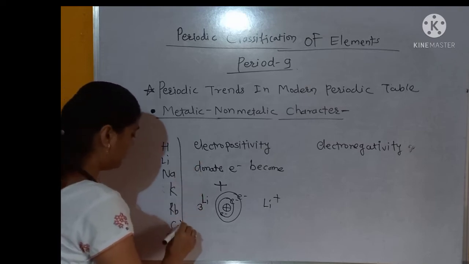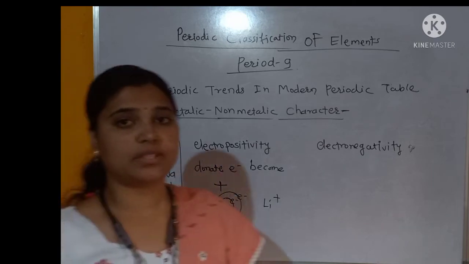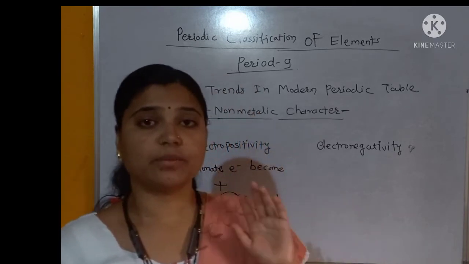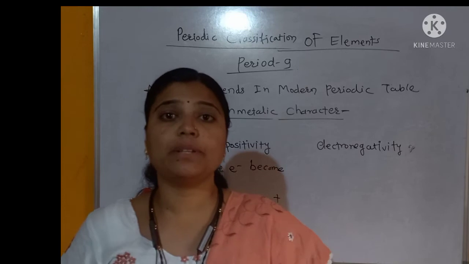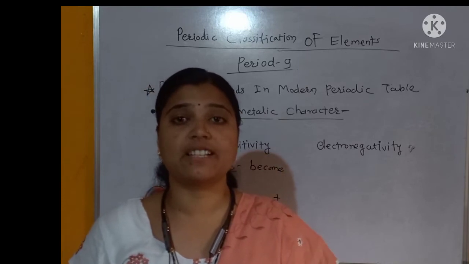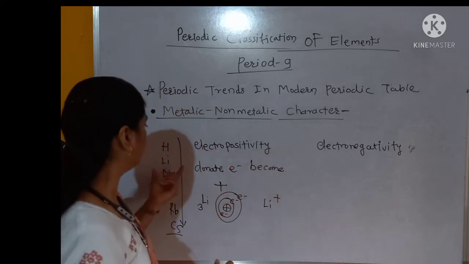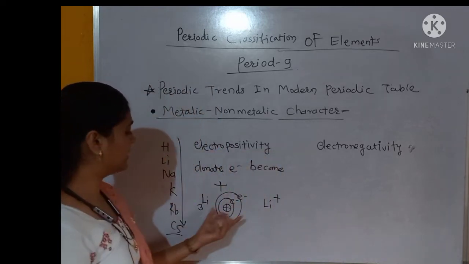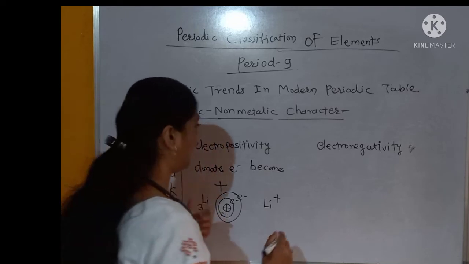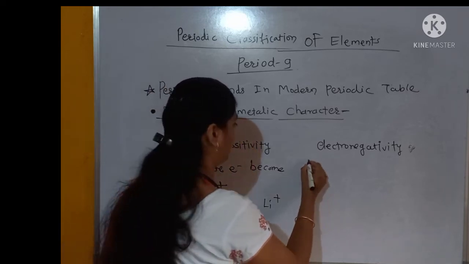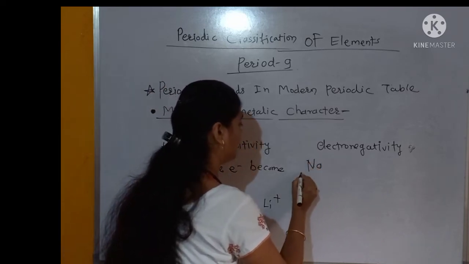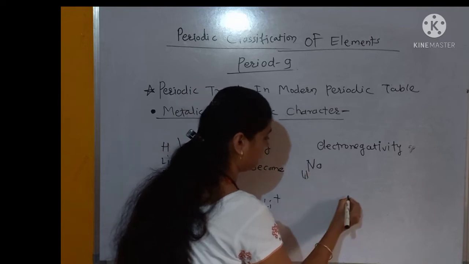Along the first group, the atomic size increases because the valence electron is present in a farther orbit. This is the electronic configuration of sodium, having atomic number 11.